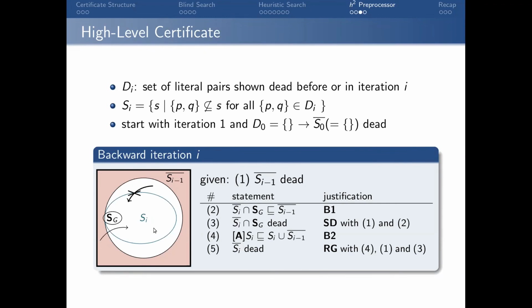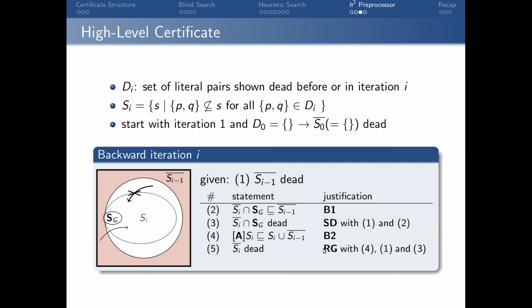Furthermore, we can say the regression of Si leads only to Si or to the negation of Si-1. So again, we cannot have a step that leads from Si to this Si-1 here, which is not in Si anymore.